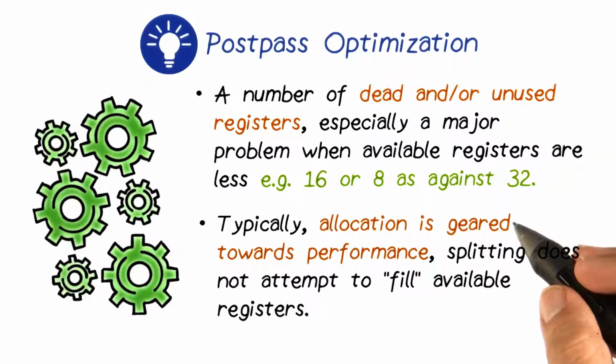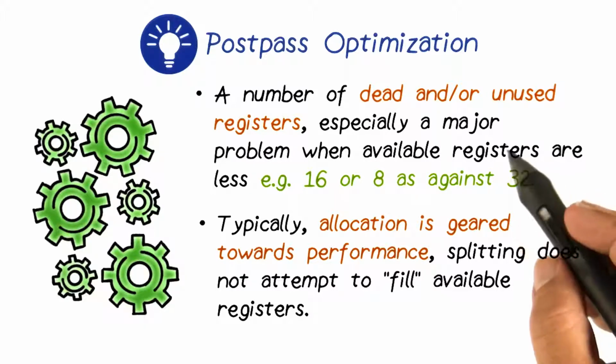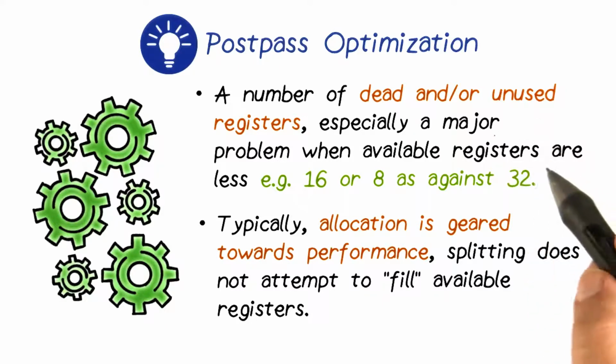So the problem of splitting is one of trying to improve the code efficiency, and it sometimes does not fill these registers which are dead or unused with the actual ranges that could fit into them, and therefore these ranges remain unassigned, and on the other hand we have some dead and unused registers. Finally, what is the difference between dead versus unused register?